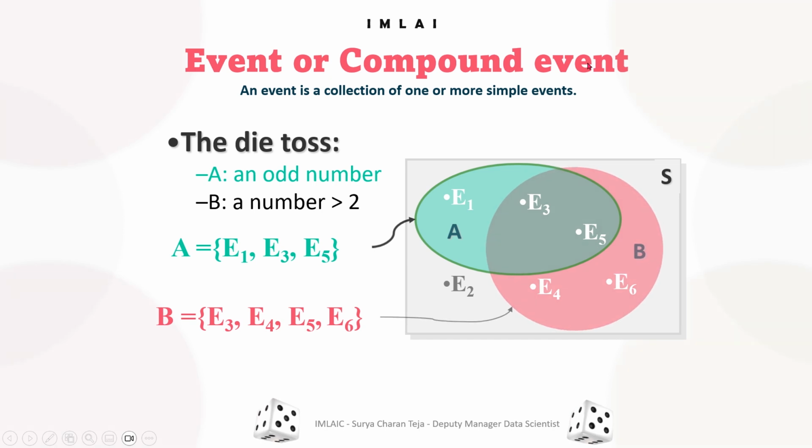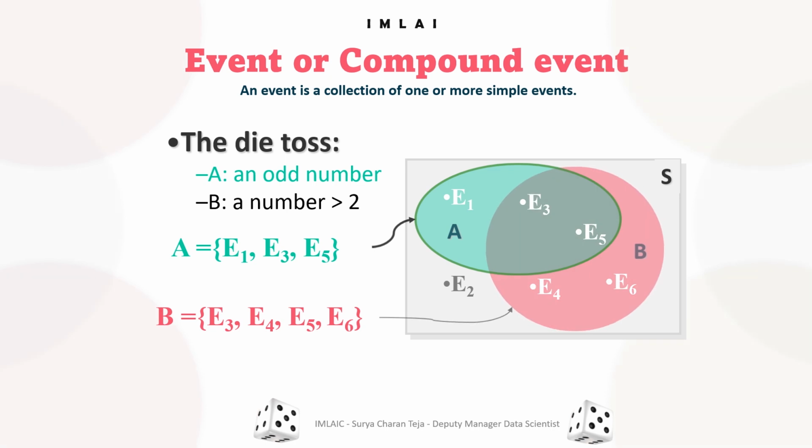For example, if we roll a six-sided die, the event rolling an even number is a compound event made up of the simple events rolling a 2, rolling a 4, rolling a 6. Similarly, the event rolling a number less than 5 is a compound event made up of the simple events rolling a 1, rolling a 2, rolling a 3, rolling a 4.